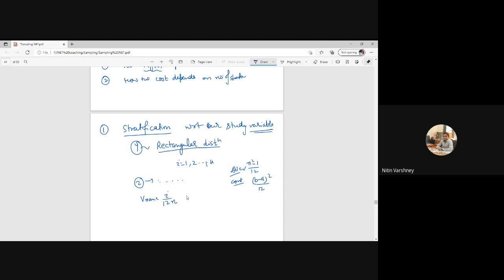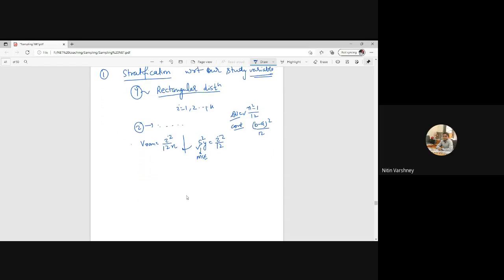We will see this in systematic sampling also. I square upon 12n, and Sy square is I square upon 12. So this is the MSE of the character under study, and this is the variance of random sampling, I square upon 12n.